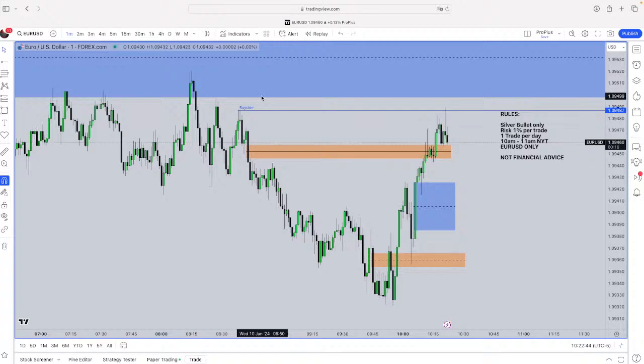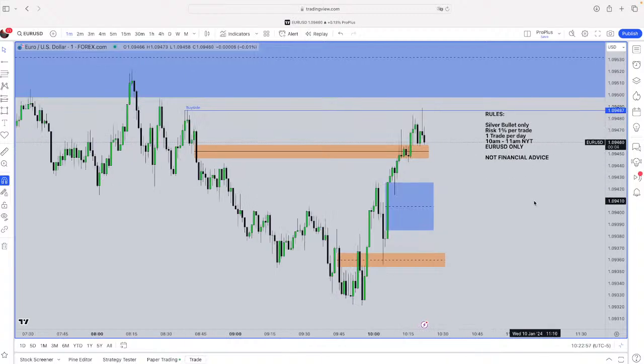Is that what you meant? If you meant sell as in go short, I would wait. But if you take partials, definitely once buy side has been taken here. If that's what you meant, bro.